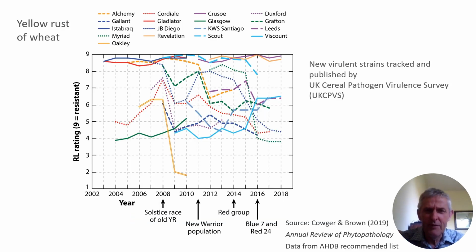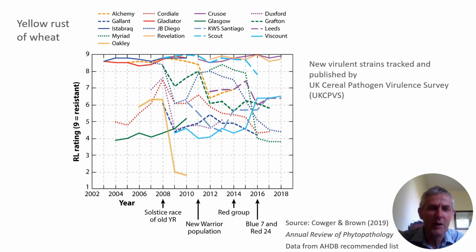And the effect of that can be seen in what happens to the resistance ratings of varieties after they're introduced onto the recommended list. And this is a set of examples for yellow rust of wheat. This is for a whole range of varieties introduced in the 2000s. We can see that varieties are introduced onto the list with a particular resistance rating, and sometimes that resistance is maintained at a very high level throughout the life of that variety.